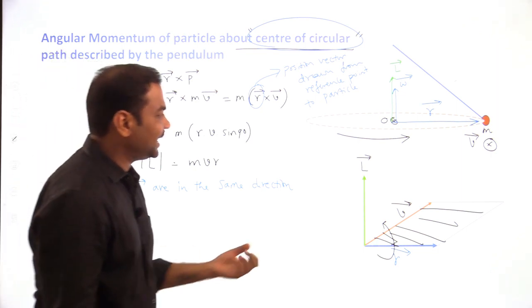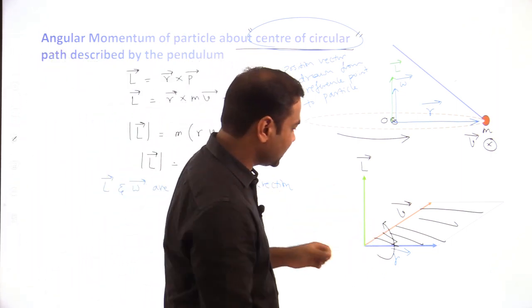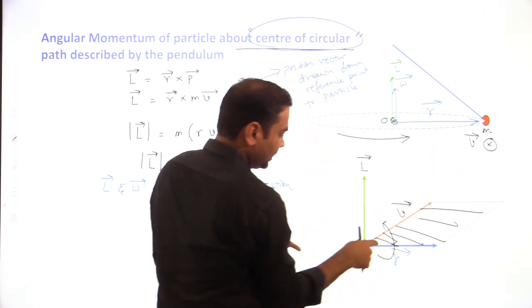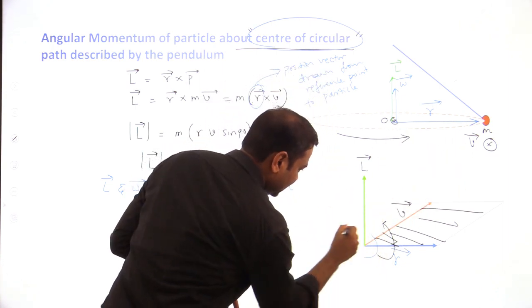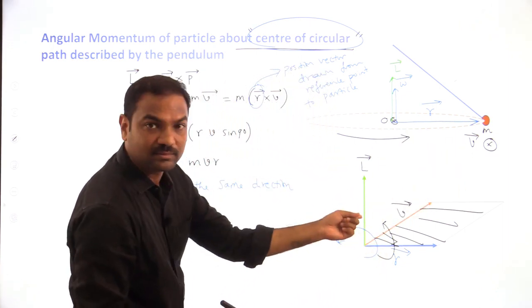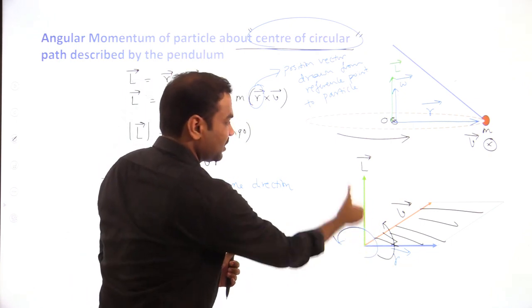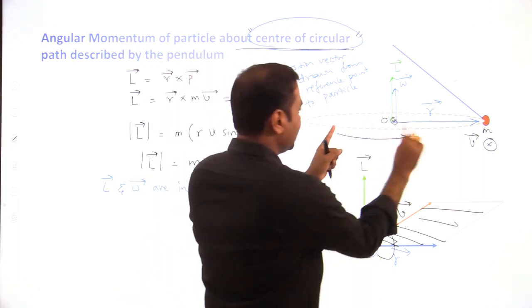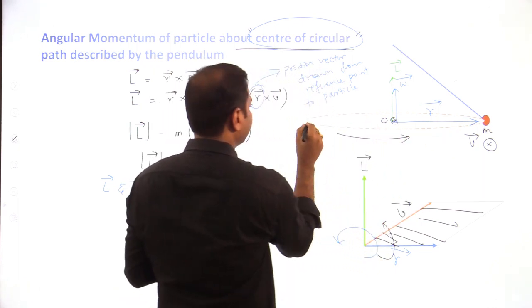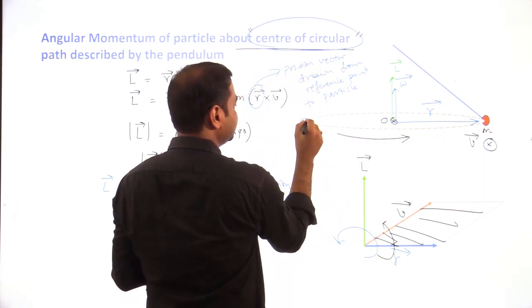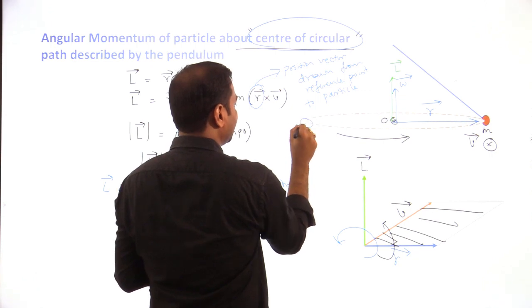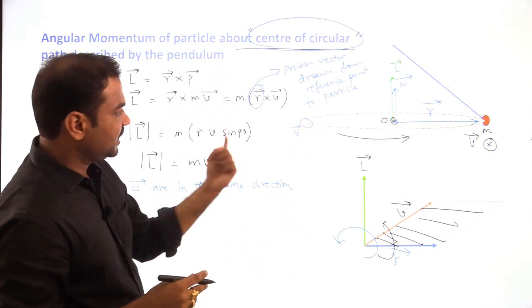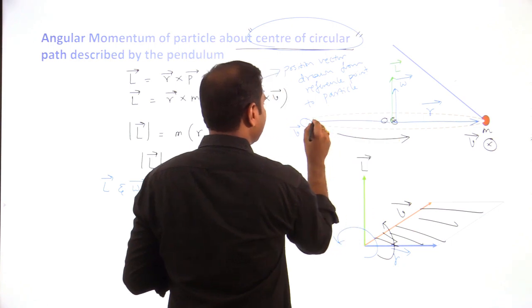Now let us see whether L bar is a variable quantity or a constant quantity. As the particle is revolving, r bar will rotate, and v bar also will rotate. But r bar cross v bar is always in the upward direction. In this case, r bar keeps changing. Suppose the particle comes out of the board, and this is the r vector.